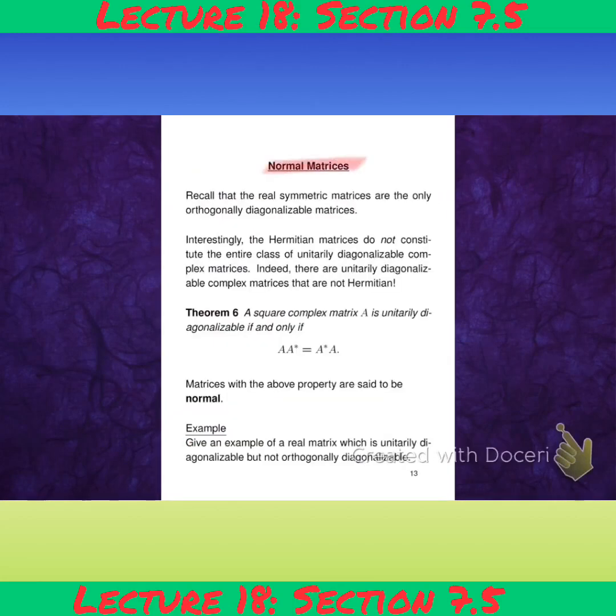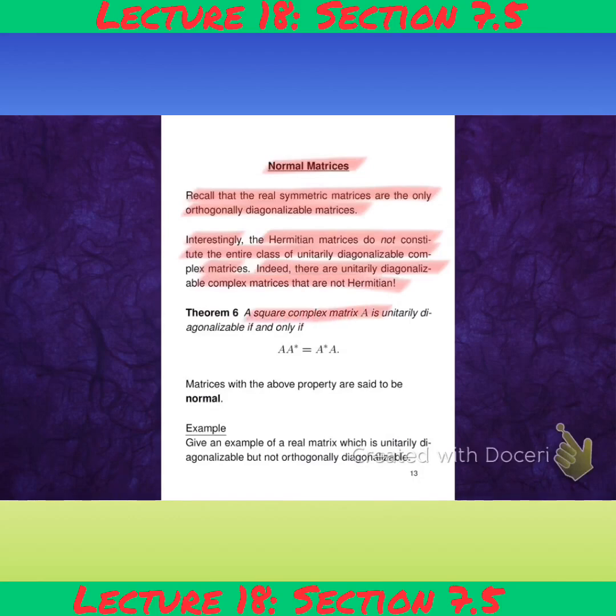Then lastly, we have normal matrices. Recall that real symmetric matrices are the only orthogonally diagonalizable matrices. Interestingly, the Hermitian matrices do not constitute the entire class of unitarily diagonalizable complex matrices. Indeed, there are unitarily diagonalizable complex matrices that are not Hermitian.